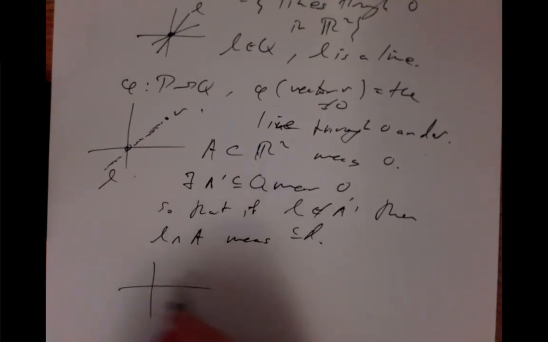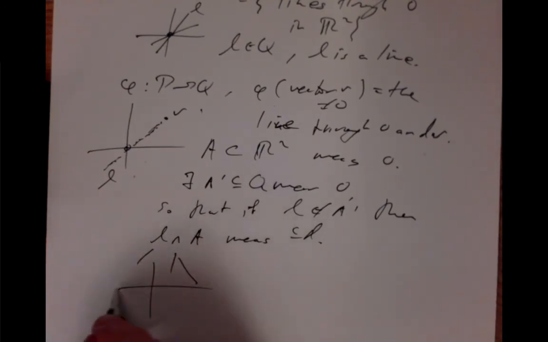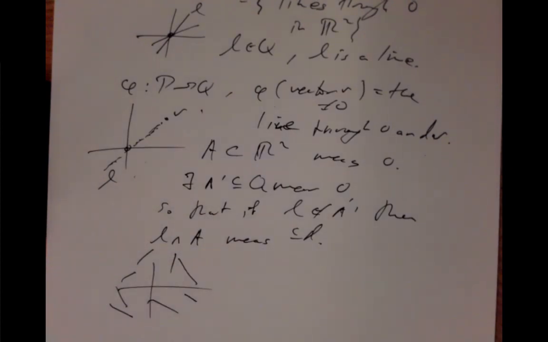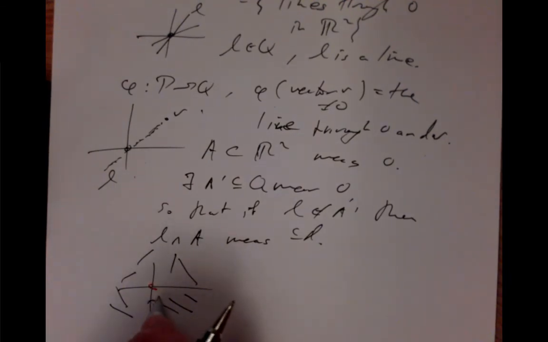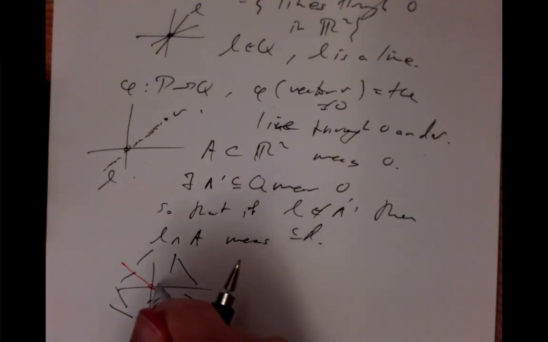So in the picture, if we have very few points in our measure 0 set, then typically most lines, some lines may, like this horrible line here, happen to intersect that set in a very large set. That's bad, but the other lines don't.